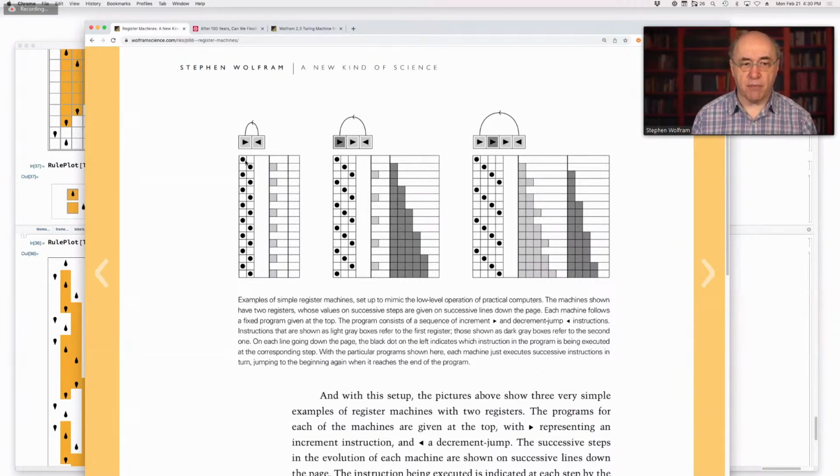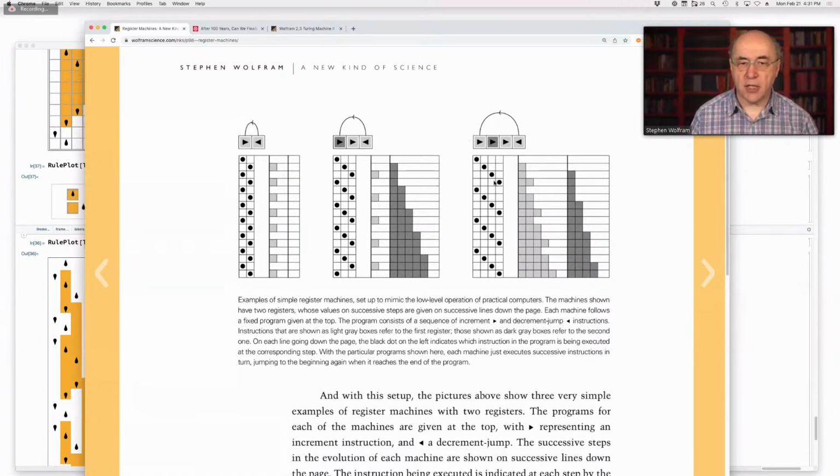So we see here, this is the program counter, and it's moving from this program element to that program element. It goes to the first program element, it increments the register here, and then it gets to that second position. At that second position, it then decrements the register, but because it reached 0, it jumps back to that first position, so the thing keeps on wiggling backwards and forwards.